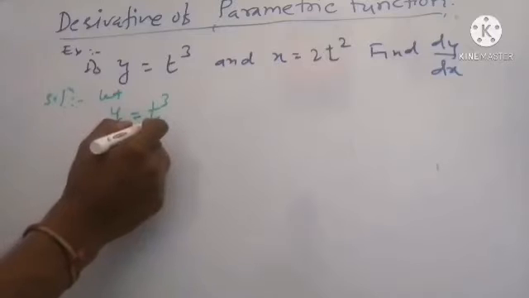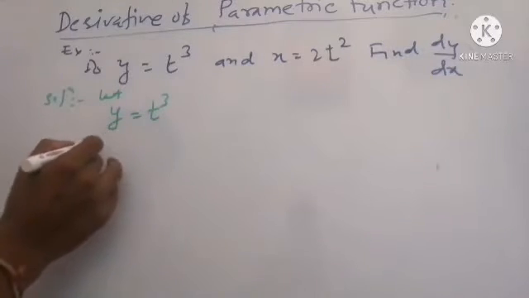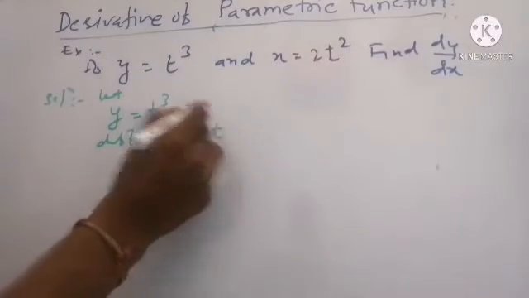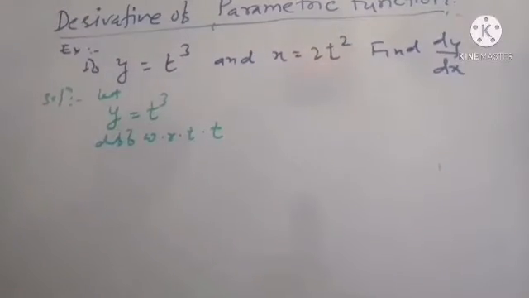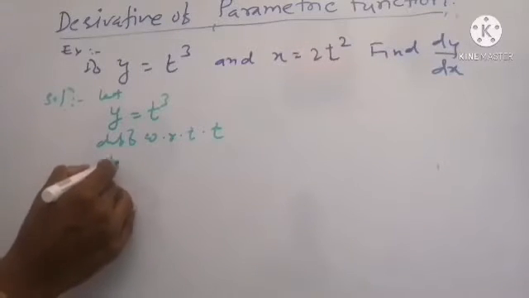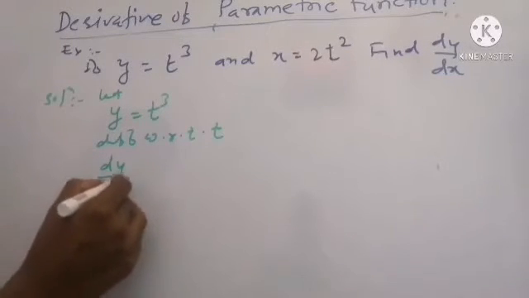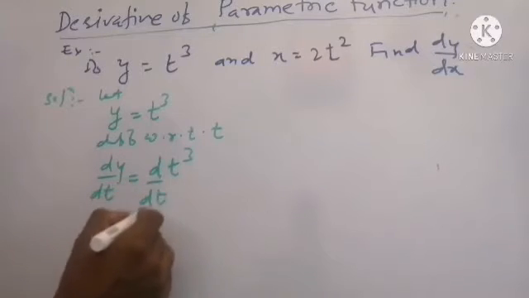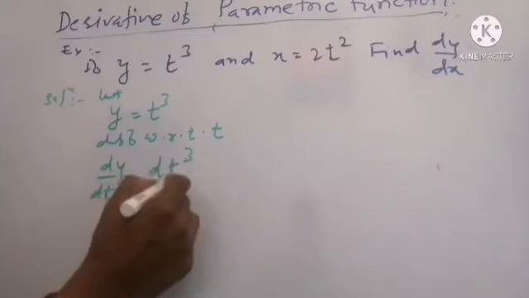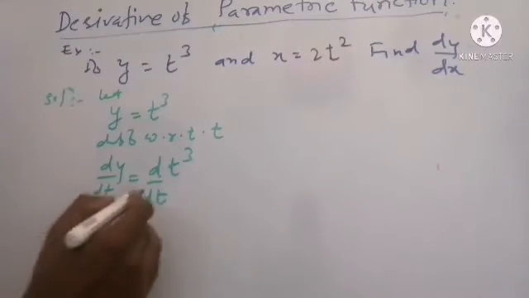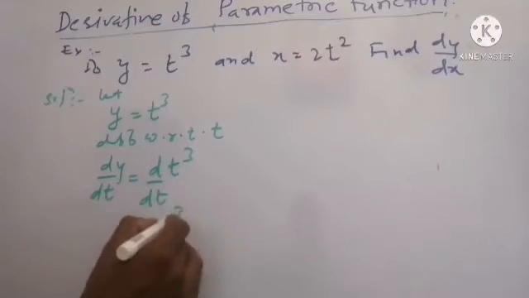As y is in terms of t, it means t is an independent variable, so by the explicit function rule we differentiate this dependent variable y with respect to the independent variable t. It will give on the left hand side dy by dt, and on the right hand side the derivative of t cube with respect to t. And the derivative of t cube, this is a power function, so we take only the derivative, that is 3t square.